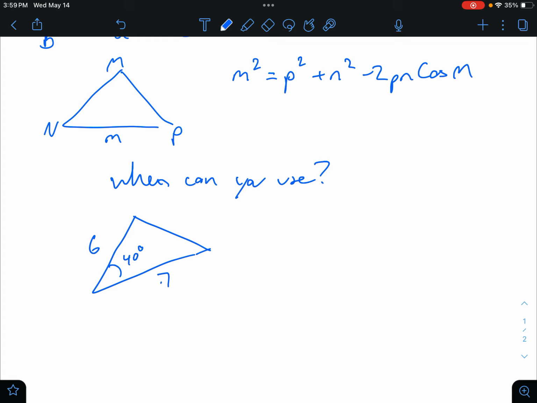This right here is known as an SAS triangle, or side angle side. It's a side with an angle in the middle and another side. That is a scenario where I can use the cosine law. And in this particular triangle, I can get this side right here, I'll call it X. So you can use it in that triangle.